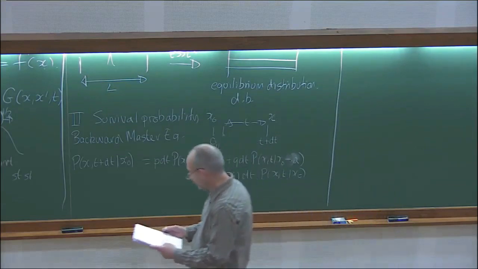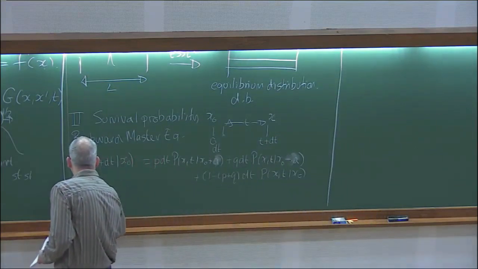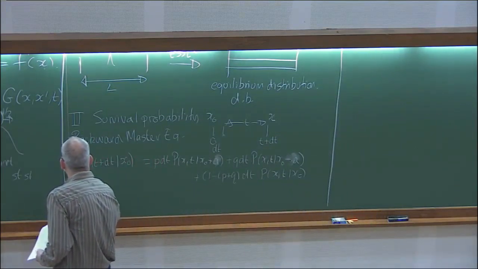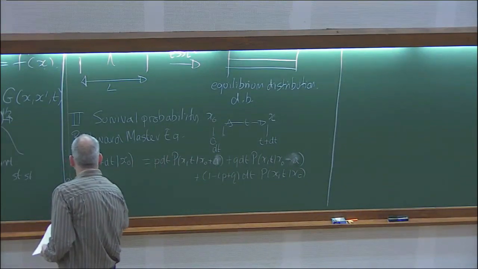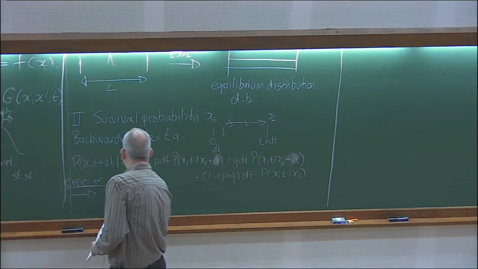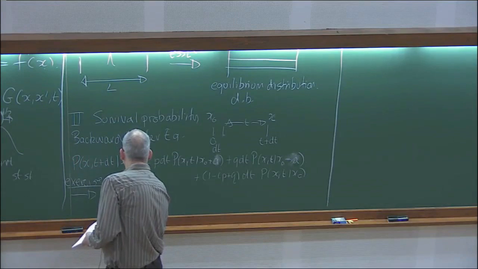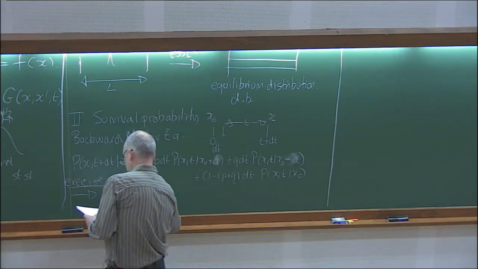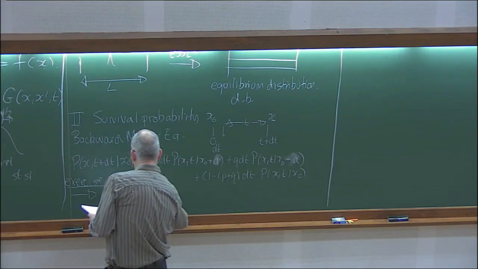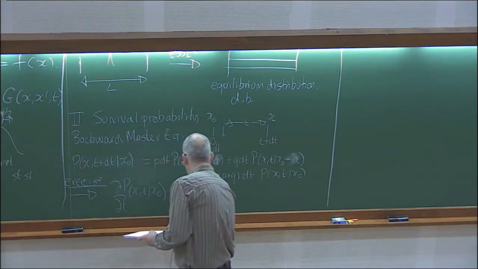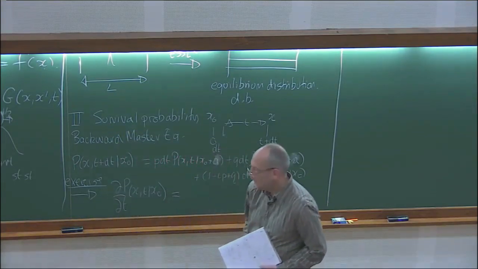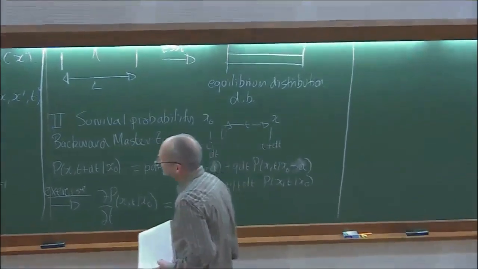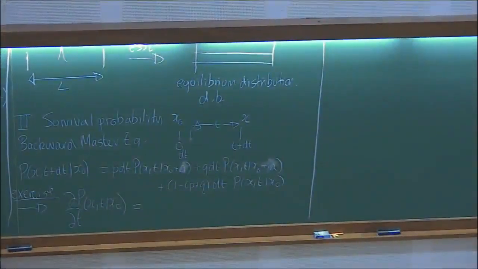So I'll leave the details to you. So this can be a little exercise. And what I'll get is dp by dt. And this time, it's the same, and again, I will be in this limit here.